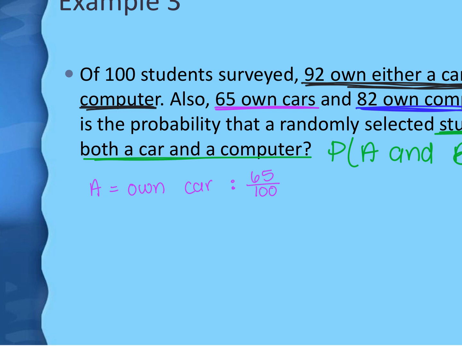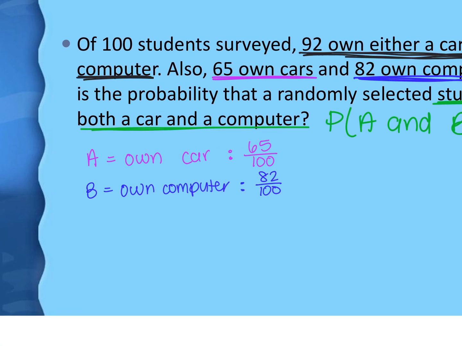Okay. So I'm just looking at event A, which is the students that own the cars. Event B would be the students that own just a computer. So that would be 82 out of 100. And now I'm going to go ahead and write my or.